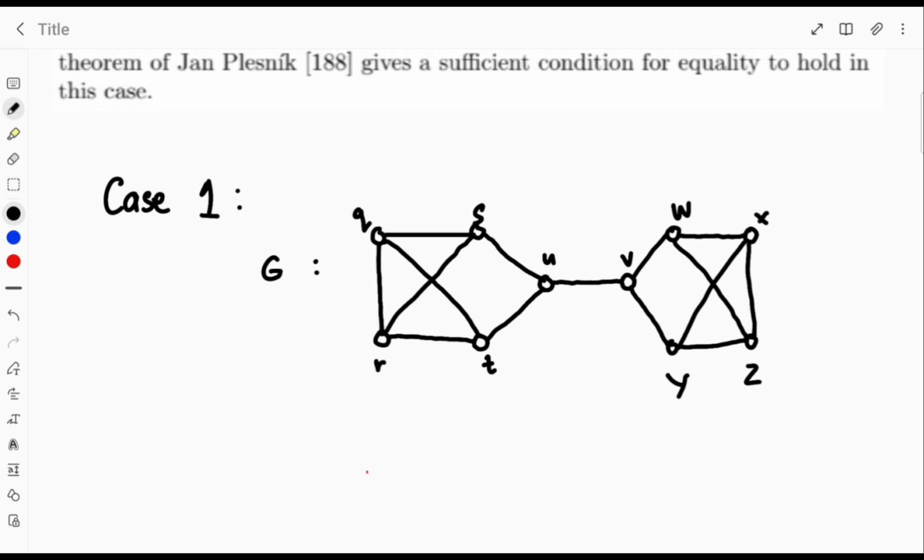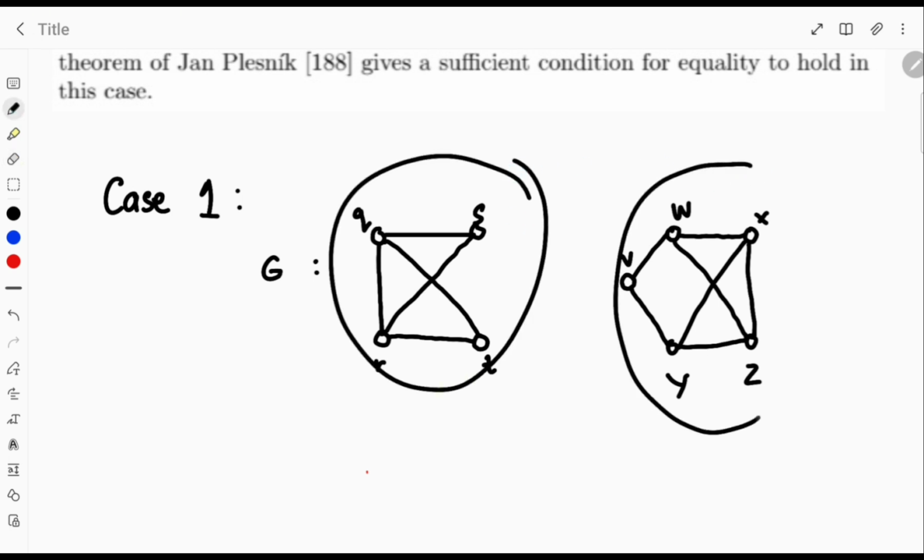So let's remove u, which is this one. If we remove that, we have here two components, which are this one and this one.